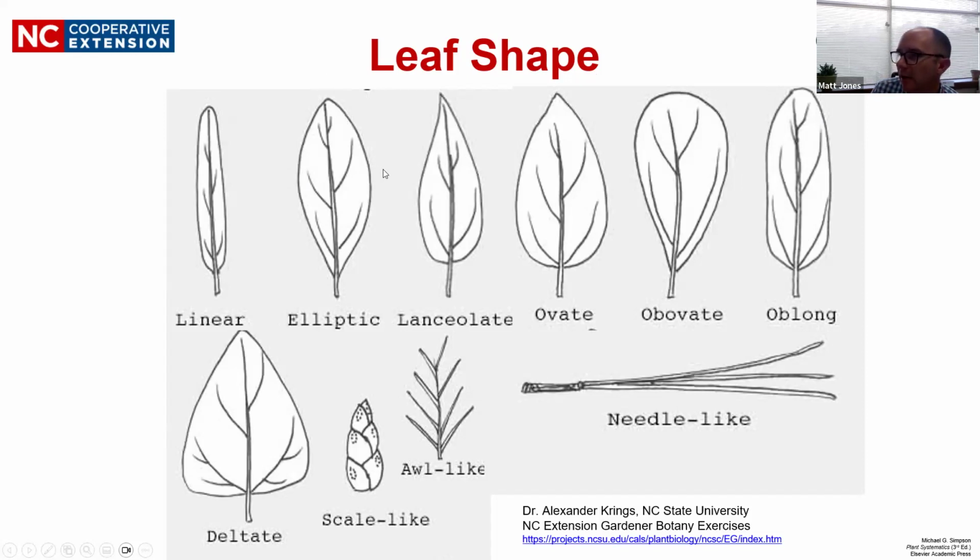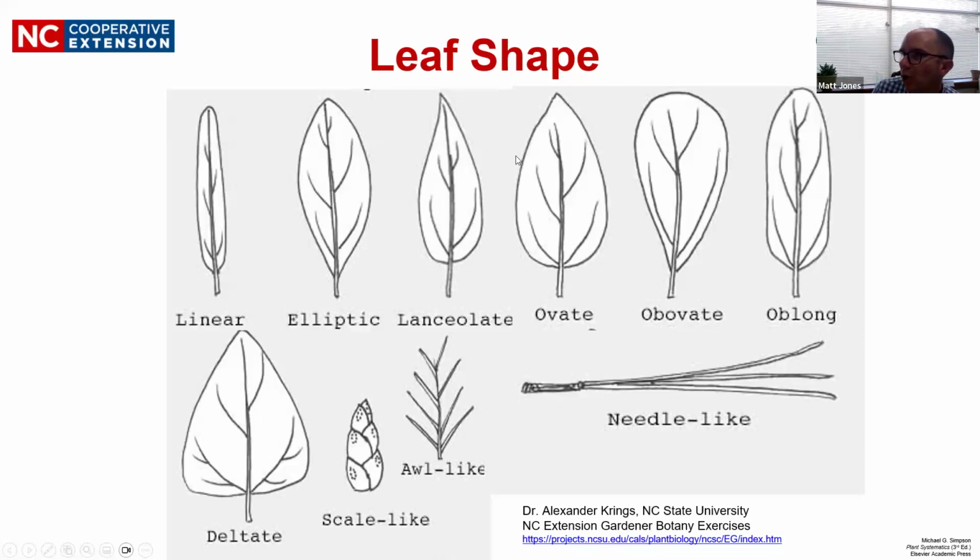And then compare an elliptic leaf to a lanceolate leaf. Think of a lance or a spear, so it's a spear-tip shaped leaf. Notice that with the elliptic leaf, it's symmetrical in this plane and this plane in the middle of the leaf. Here, it is not symmetrical in this plane, so it tends to be slightly wider at the base.